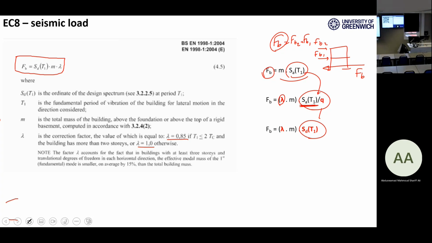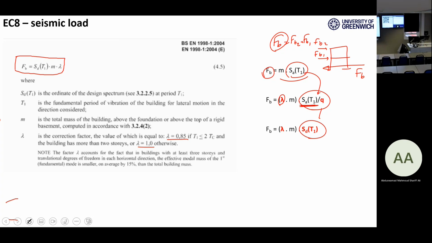But I want to take some other factors into account, for example, soil type, which is very important. Because El Centro happened in America, but if it happens in Italy, what will happen? One place is a firm soil, one place is a soft soil. What is the difference?